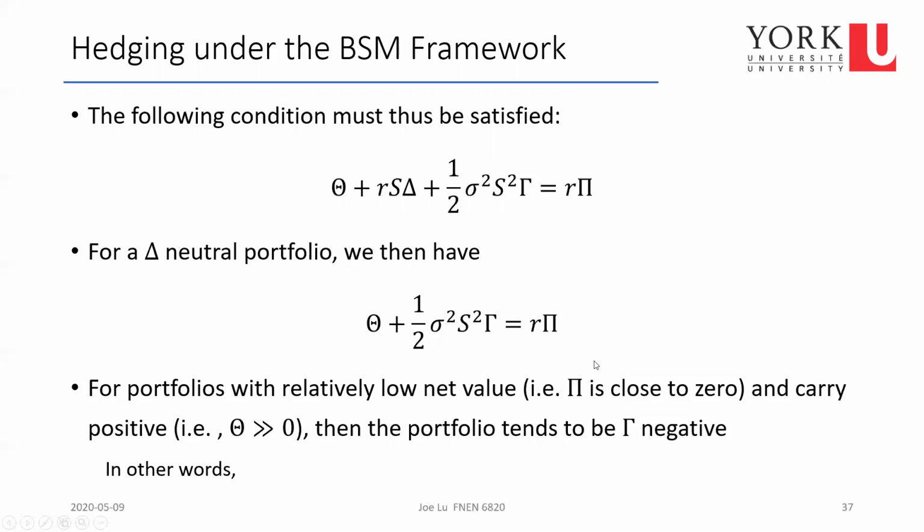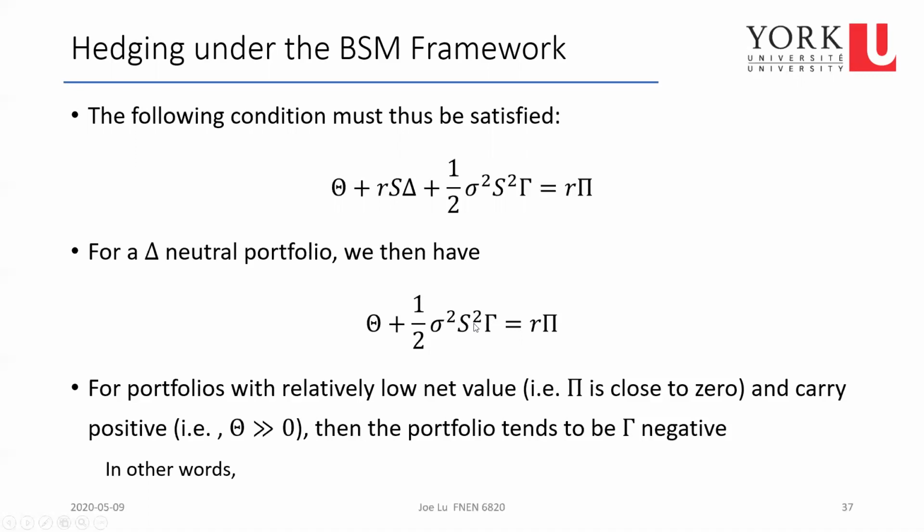And then you cannot have a large carry positive and a very good gamma positive portfolio. Because if this is very close to 0, and if this is large positive, this will probably be negative.